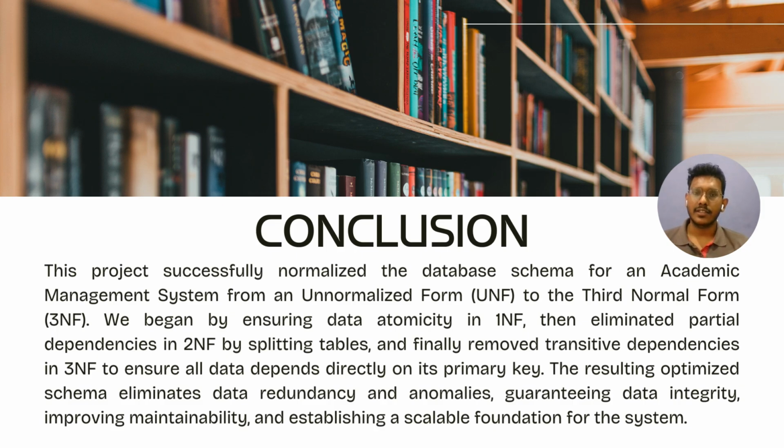Then, in second normal form, we eliminated partial dependency so that every non-key attribute fully depended on the primary key. And for the final step, in third normal form, we removed transitive dependencies by ensuring no non-key attribute depends on another non-key attribute.